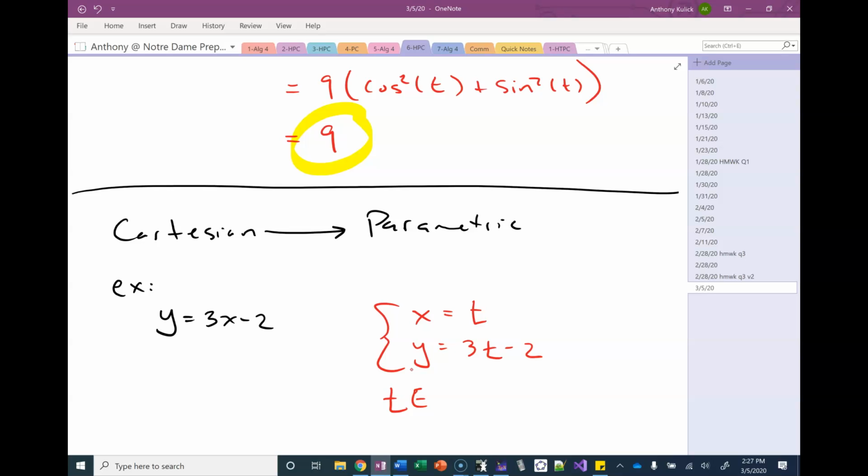So the interval for t should be negative infinity to infinity. That's the other big advantage: the domain for the Cartesian function will be the same as our interval for the parameter, as long as we just pick x equal to t. So it just makes life very, very easy if we approach it in that fashion.